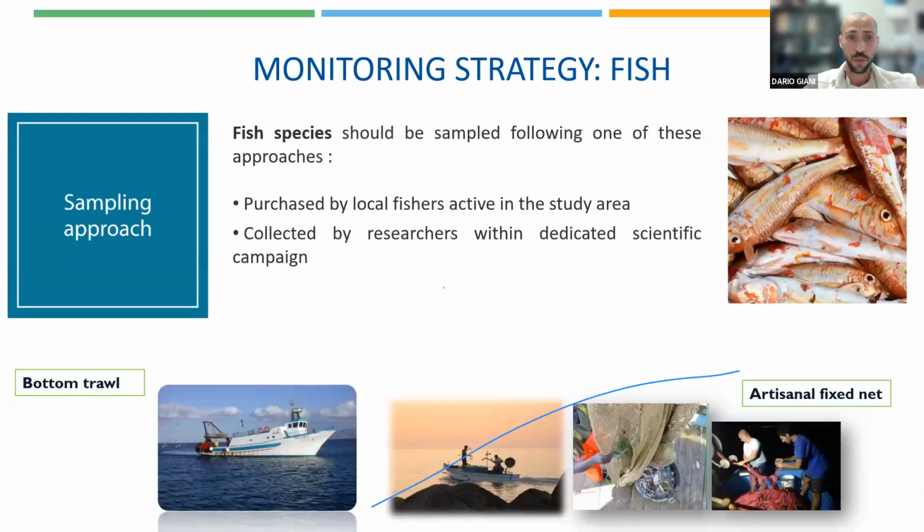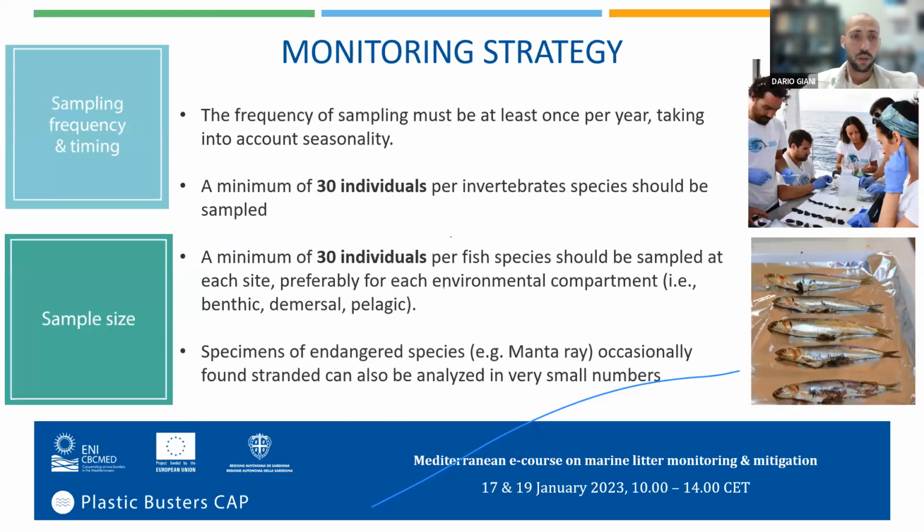Concerning fish species, the sampling approach should follow the same approach: purchased from local fishermen in the study area, or collected by researchers within dedicated scientific campaigns. Concerning the frequency and timing of the monitoring strategy, for fish and invertebrate species a minimum of 30 individuals should be collected.